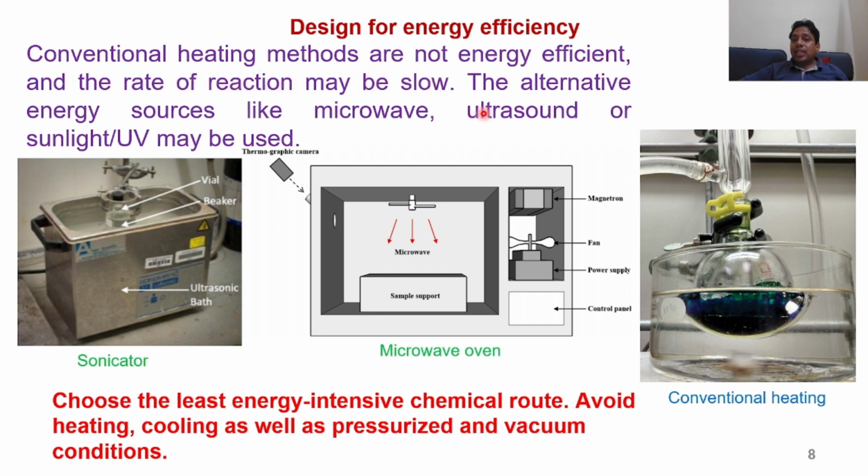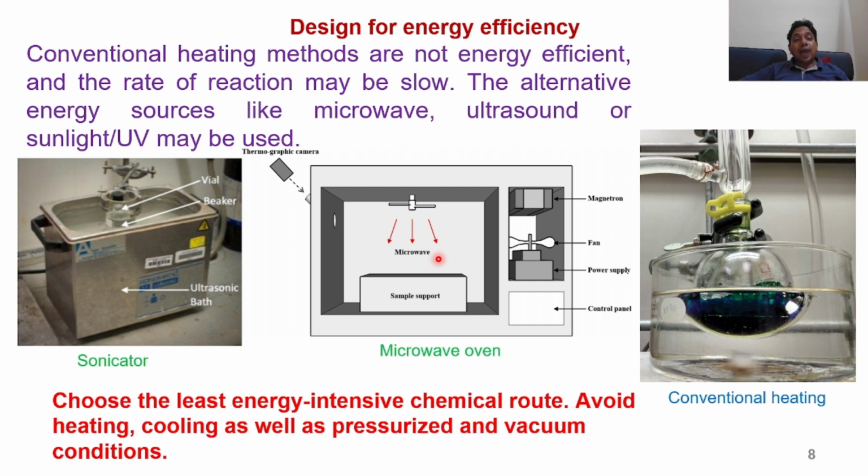So that is the reason, use some alternative energy sources like microwave assisted synthesis, ultrasound assisted synthesis, or you may use sunlight or UV. You can see these are the two instruments: a sonicator, which is used for the ultrasound synthesis process, and also a microwave oven, in which microwave assisted synthesis can be performed.